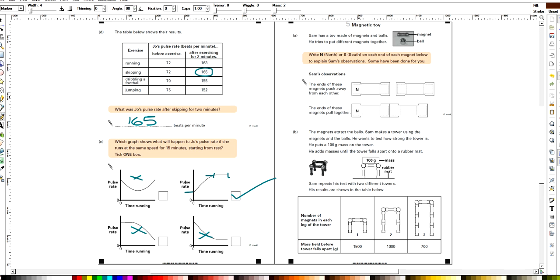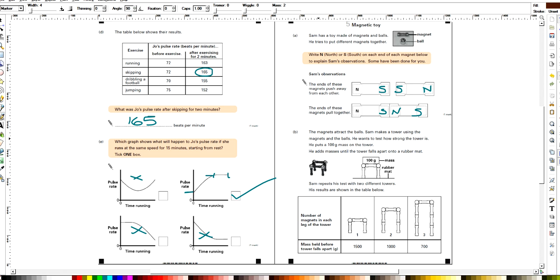If that's north, then that one should be south. Because they're pushing away, that one has to also be south, and that one has to then automatically become north. The ends of these magnets pull together, so north, the opposite one has to be south, and that one has to be north and that one south.